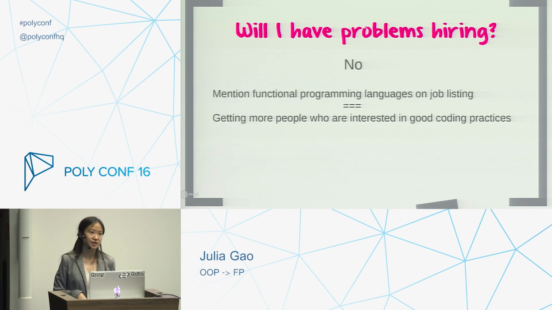And I've heard that if you mention functional programming languages on your job listings, you will actually get people who are actually interested in those things, and they will more likely produce good coding practices.